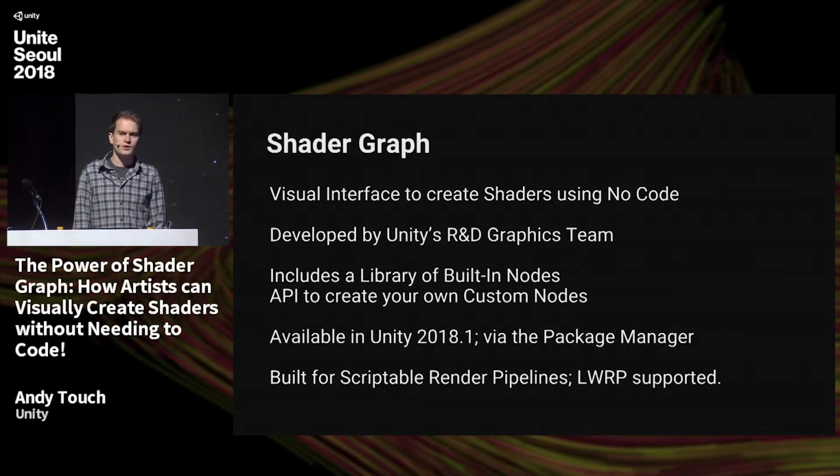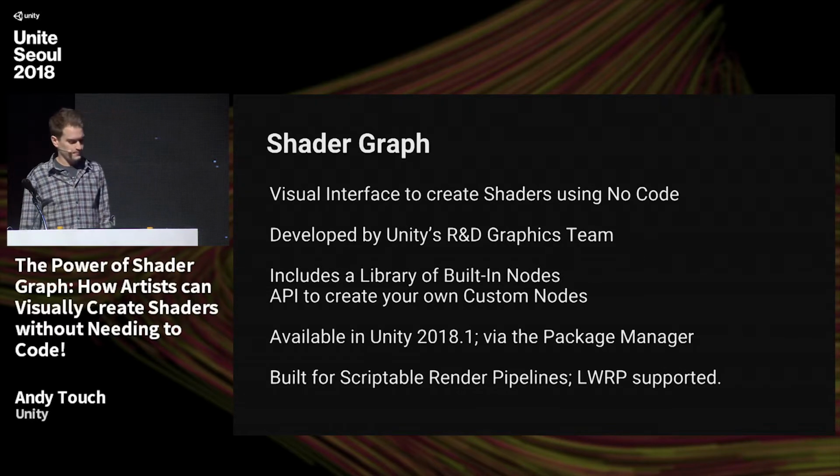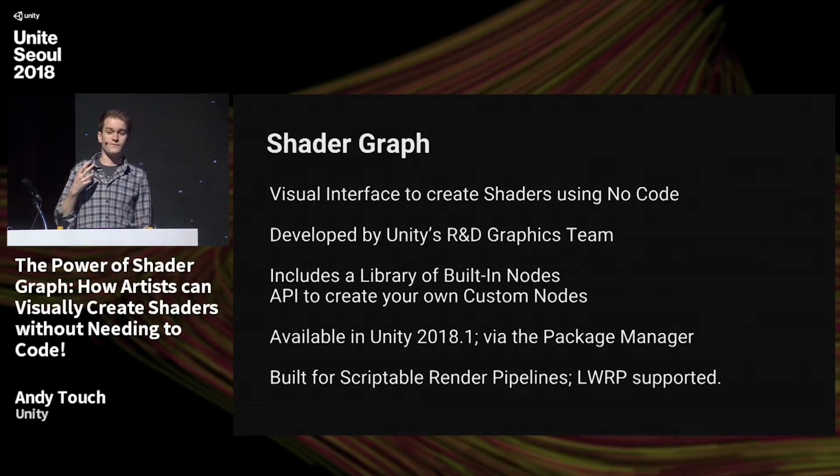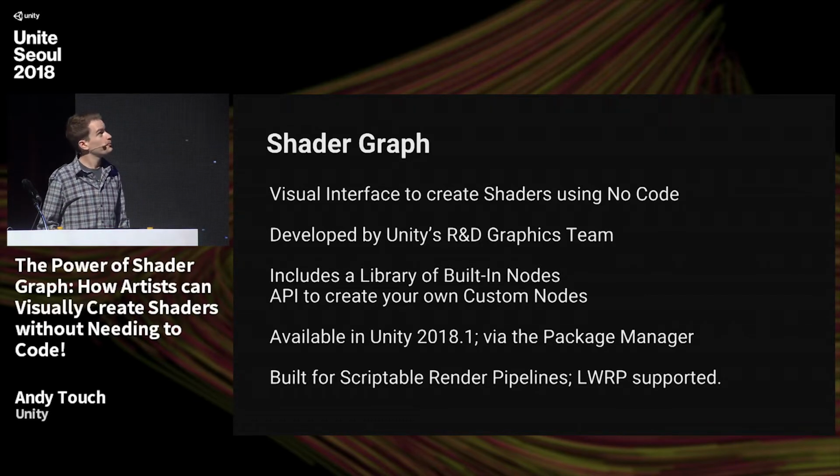I don't remember the exact number, but I think it's about 200 nodes built into Shader Graph for you to use from the beginning. And it also includes an API to create your own custom nodes. So for those of you who like writing code, you can actually script your own custom nodes directly for Shader Graph. Pretty cool.